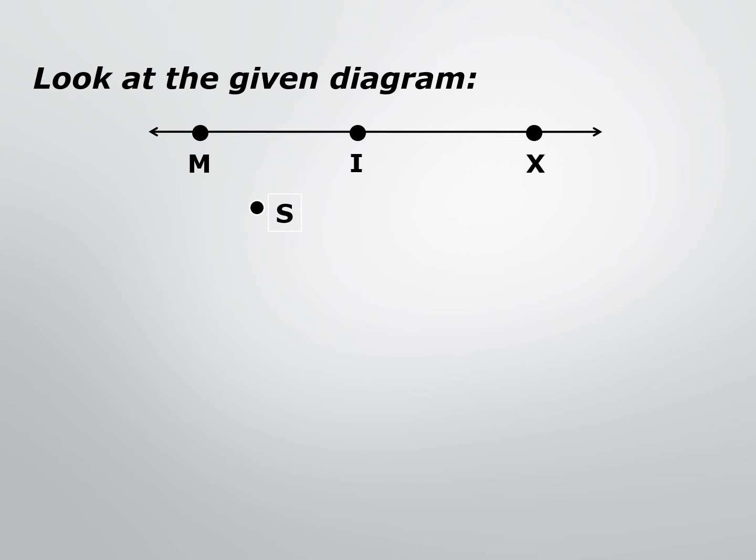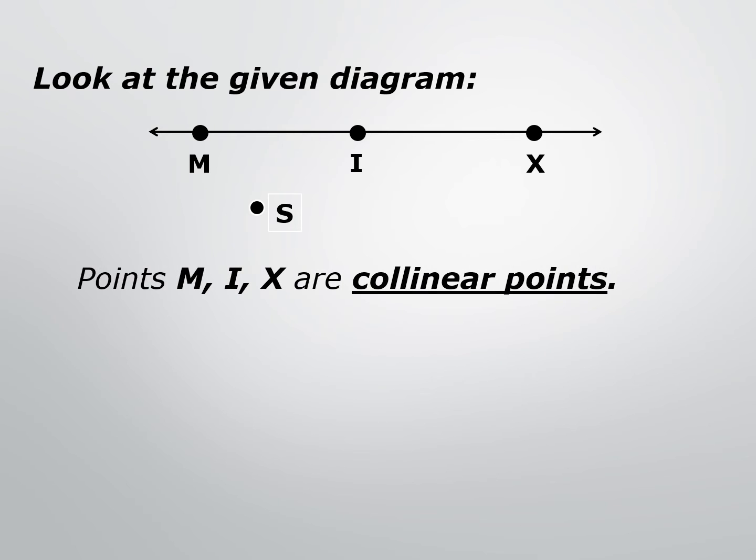We have here the line MX. We have the point M, point I, point X, and point S. Points M, I, X are collinear points. Why do you think we call them collinear points?